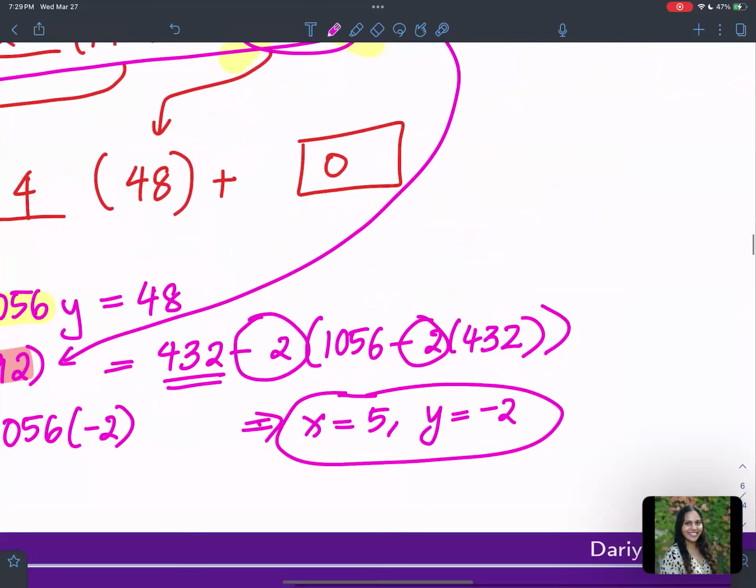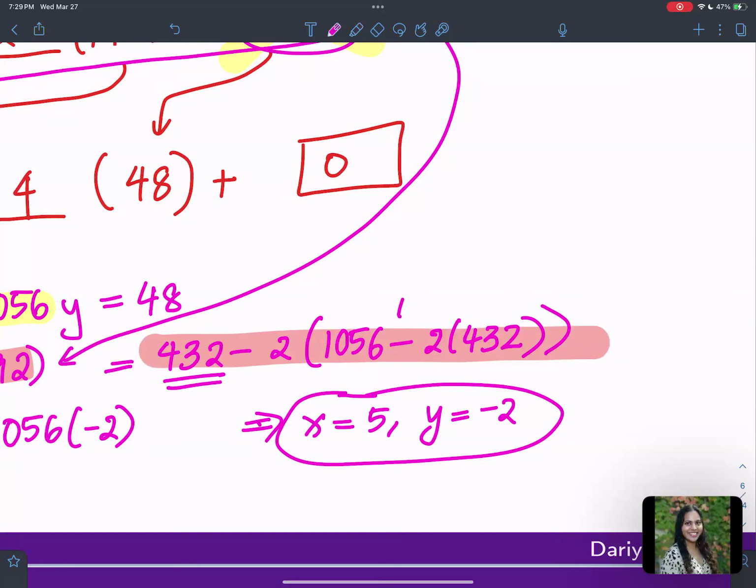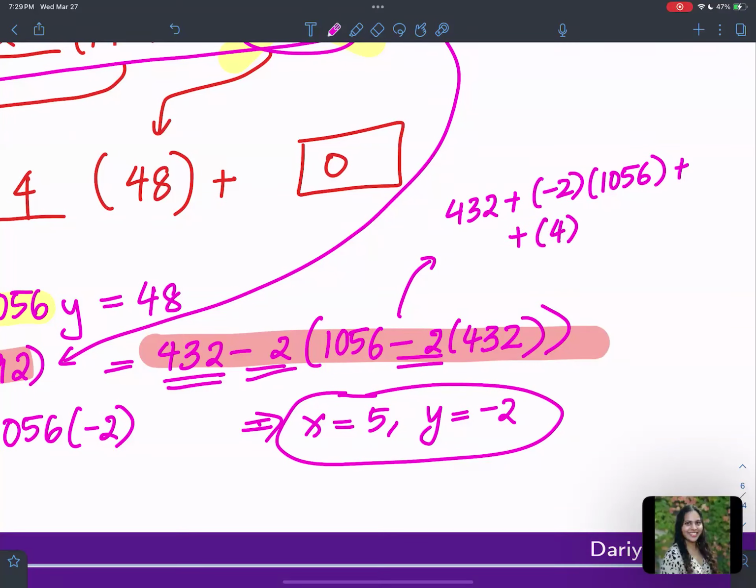Sure. Let's expand this. This term right here is 432 plus minus 2 times 1056, and opening the brackets here, minus 2 times minus 2 is 4, so 4 times 432.